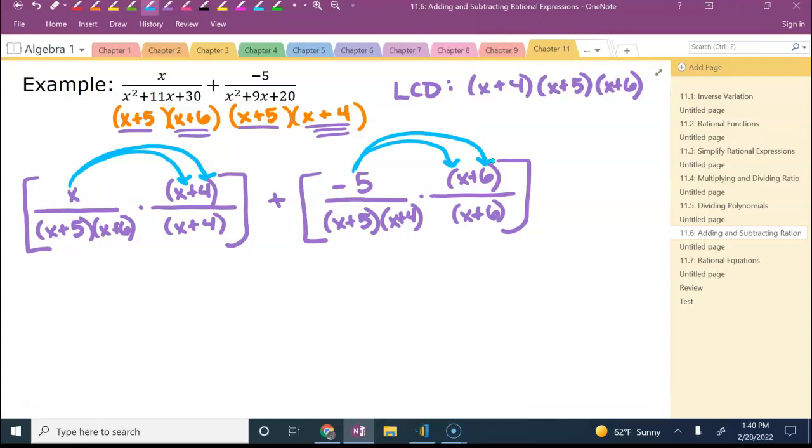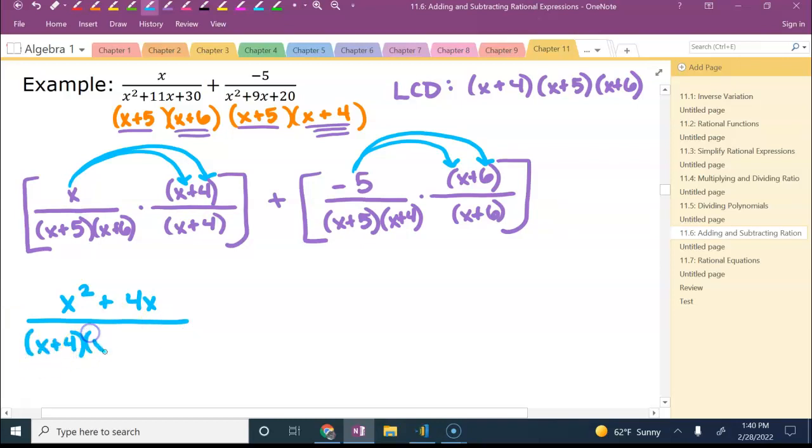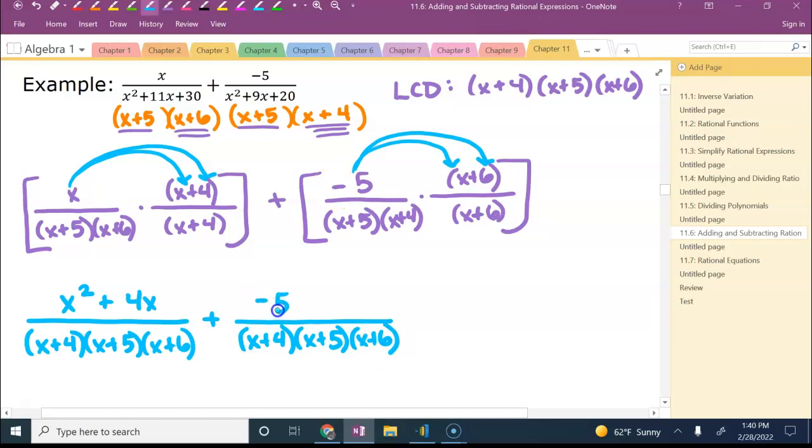So that first fraction is now going to say x squared plus 4x, all over our big denominator here, x plus 4 times x plus 5 times x plus 6. And then plus. Now we've got common denominators again over here, so I'm just repeating those three factors on the bottom. At the top, you're going to take negative 5 times x, which would be negative 5x, and negative 5 times 6, which would be negative 30.